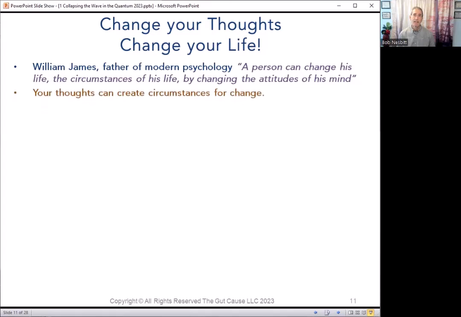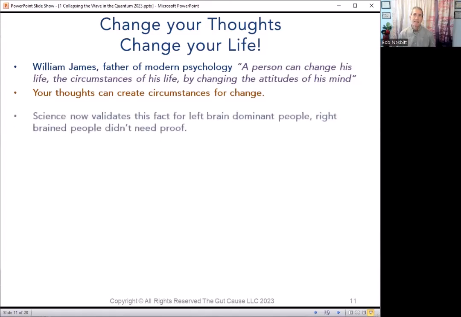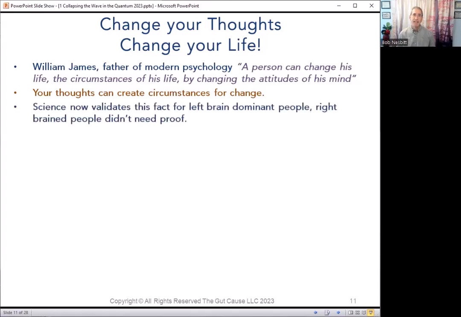In other words, the daily thoughts you think will create certain circumstances linked to that. We now know that in physics, it's what mysticism and New Age people have been talking about all along. Science provides validation for people that are more left brain dominant. Right brain people knew this already and didn't need proof.